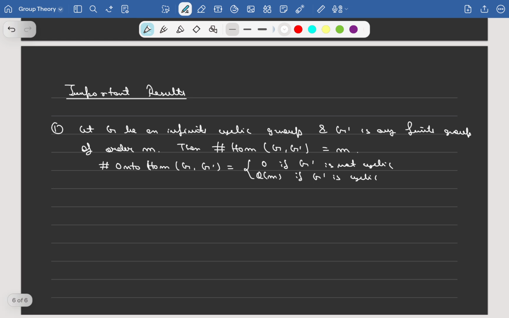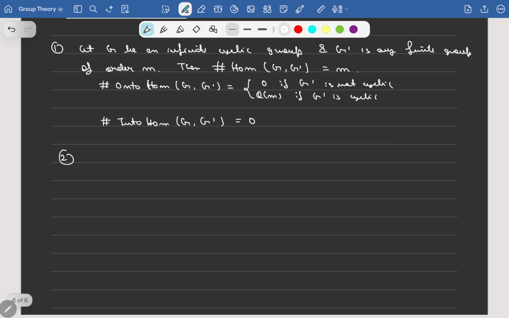That is exactly the thing. And obviously there cannot be an into homomorphism or an injective homomorphism here, because the domain group is larger than the codomain group.